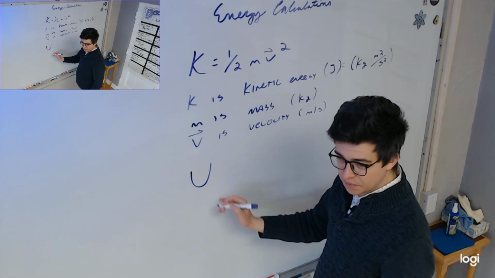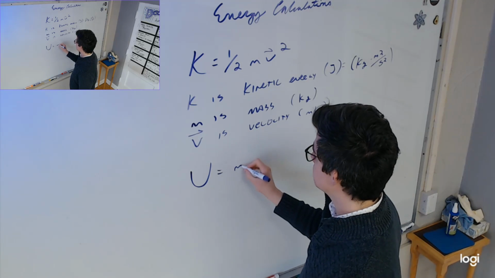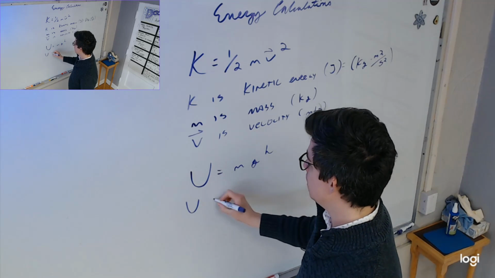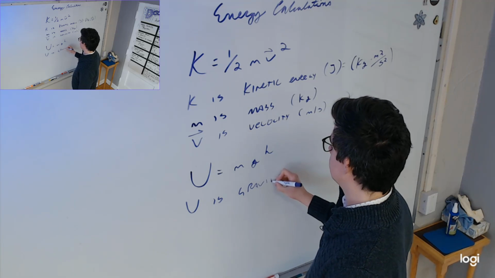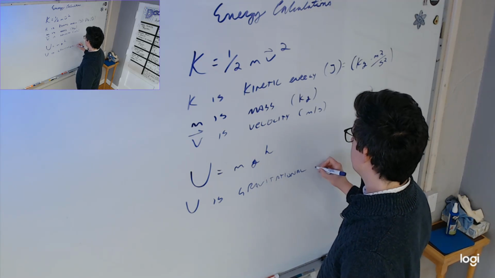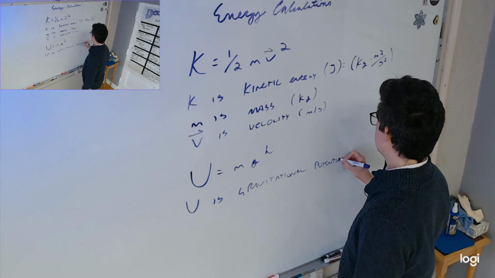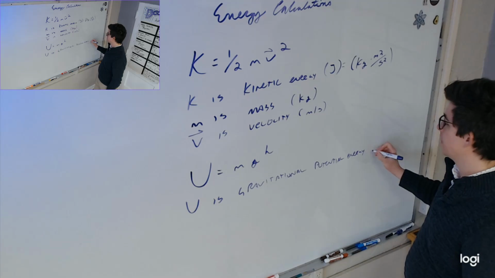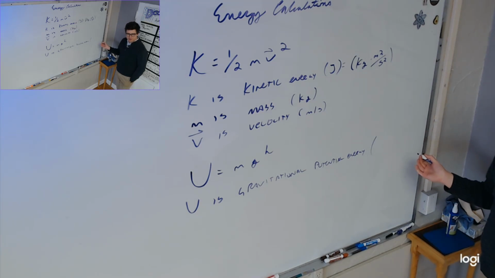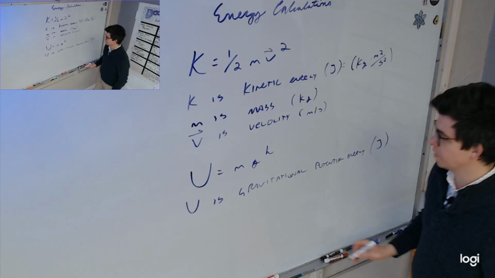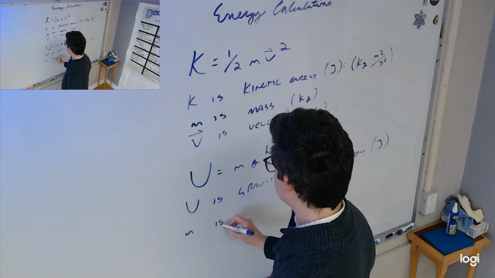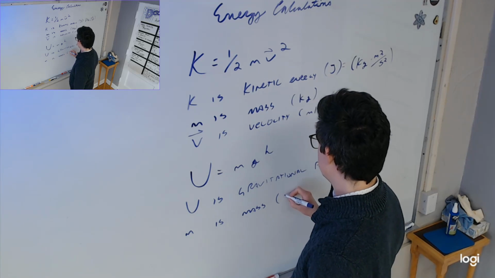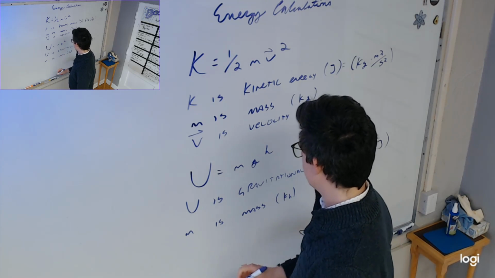U, this is specifically gravitational potential energy, equals mgh. U is, as I just said, gravitational potential energy. What are we probably going to measure gravitational potential energy in? Joules. Joule is energy. Where M is mass measured in kilograms.